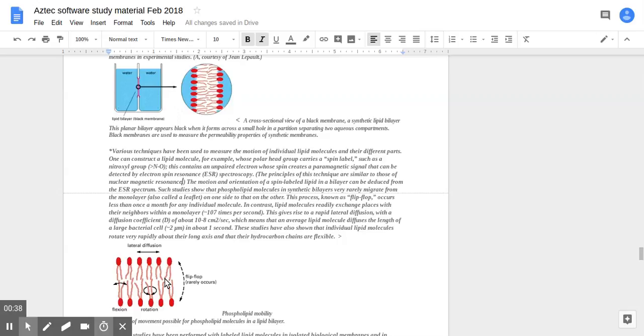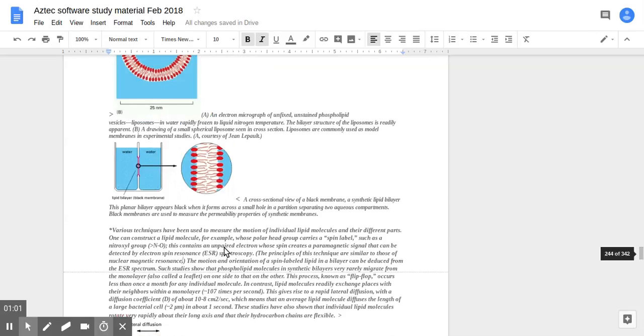So two fatty acid tails come off the polar hydrophilic heads. The head is comprised of a glycerol molecule bound to a phosphate as well as an alcohol group. So that makes it polar. And the tail is just two fatty acid chains. Usually one is saturated and one is unsaturated.